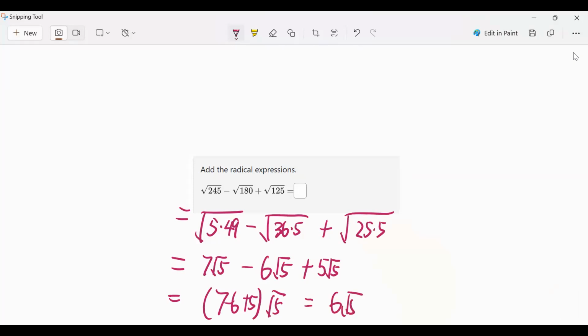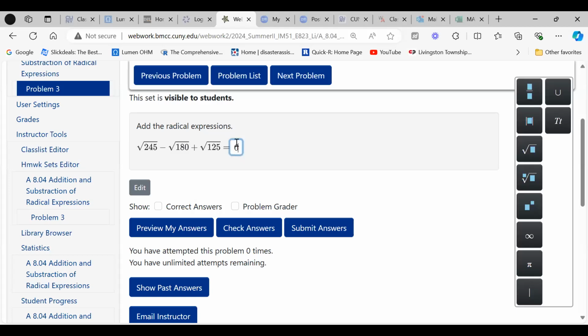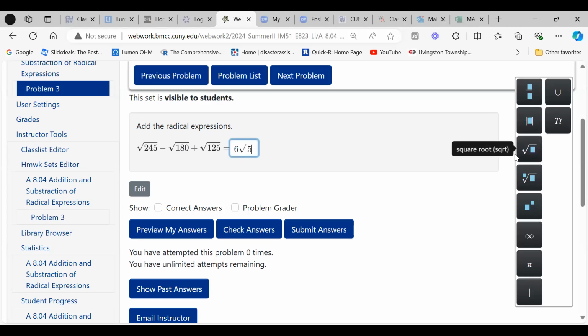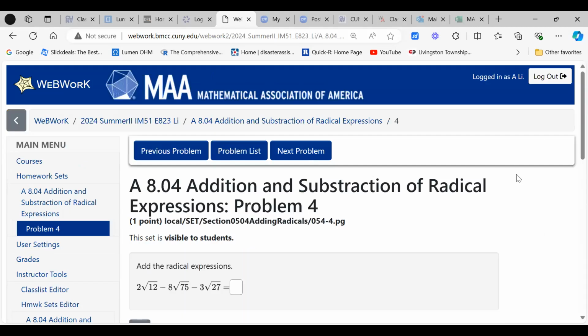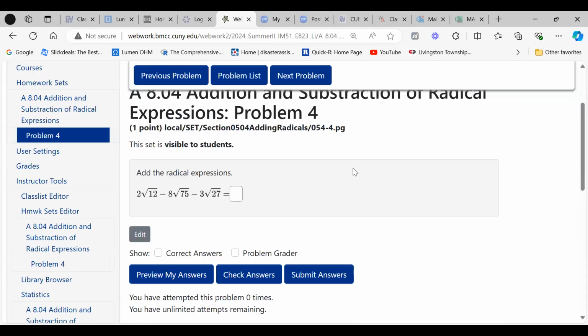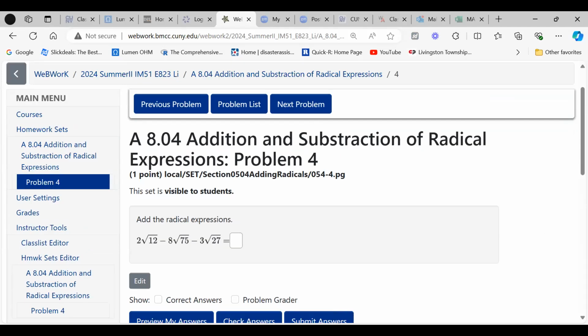So the answer is 6 radical 5. Any question about this? And so simplify and combine like terms. Question 4, very similar, right? Let's try it.